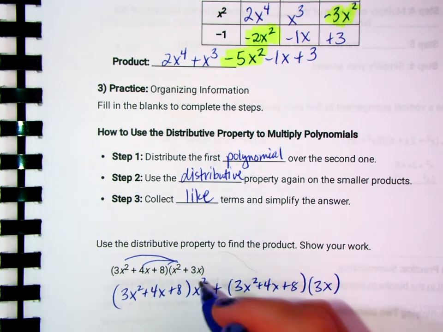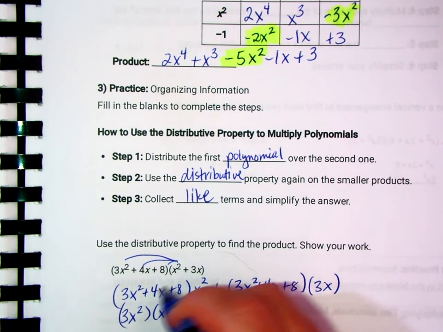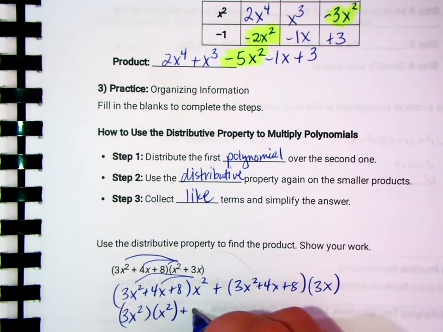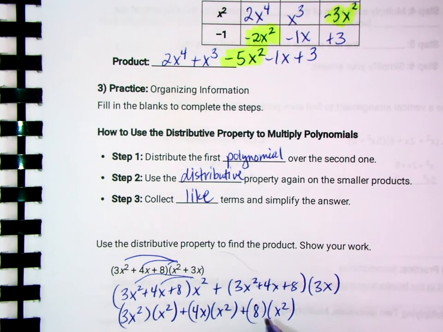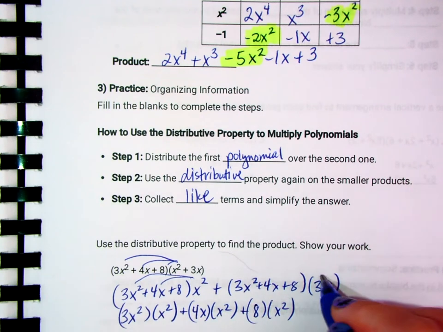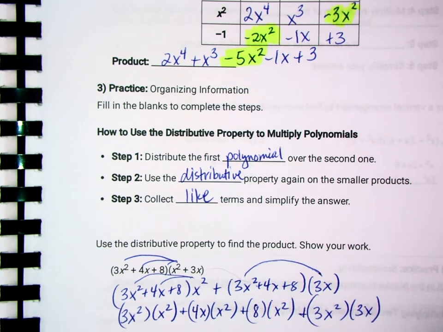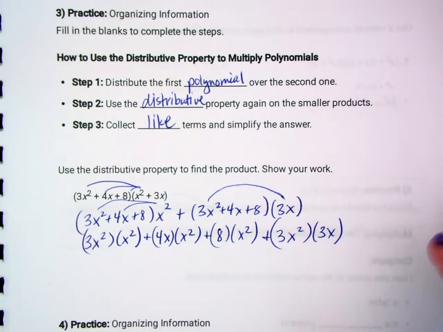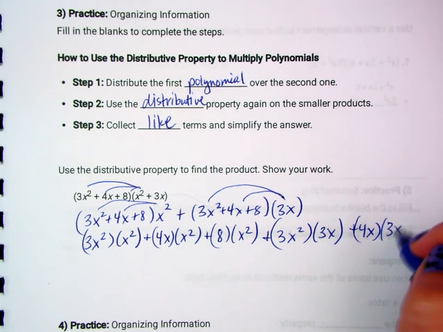Now here we go. x squared times 3x squared would be our first multiplication. x squared times 4x. And then x squared times 8. These three products are just multiplying through by the first section. Now let's go do the back section. 3x times 3x squared. 3x times 4x. And finally, 3x times 8.